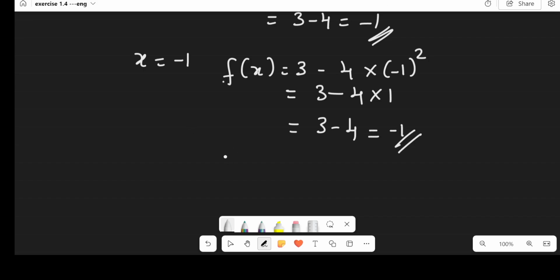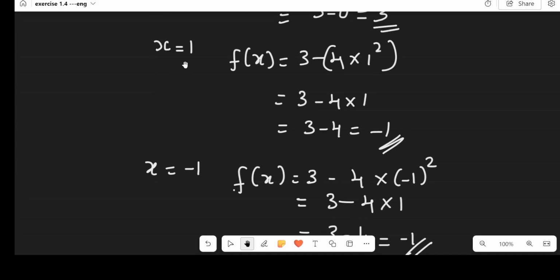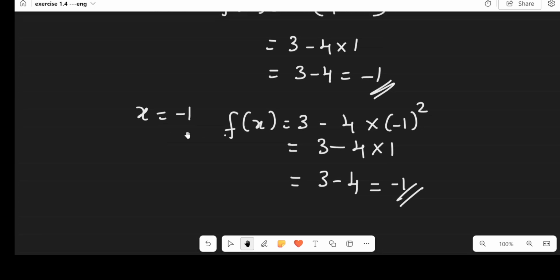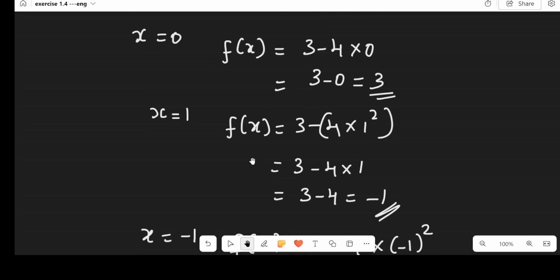Okay. So if you are drawing an arrow diagram, what is the thing? Two outputs are the same. Look, if we are providing x is equal to 1, we are getting minus 1. If we are providing x is equal to minus 1, we are getting minus 1. It's not a different output. It's the same output. Okay. So it's not satisfying the one-to-one function, right?